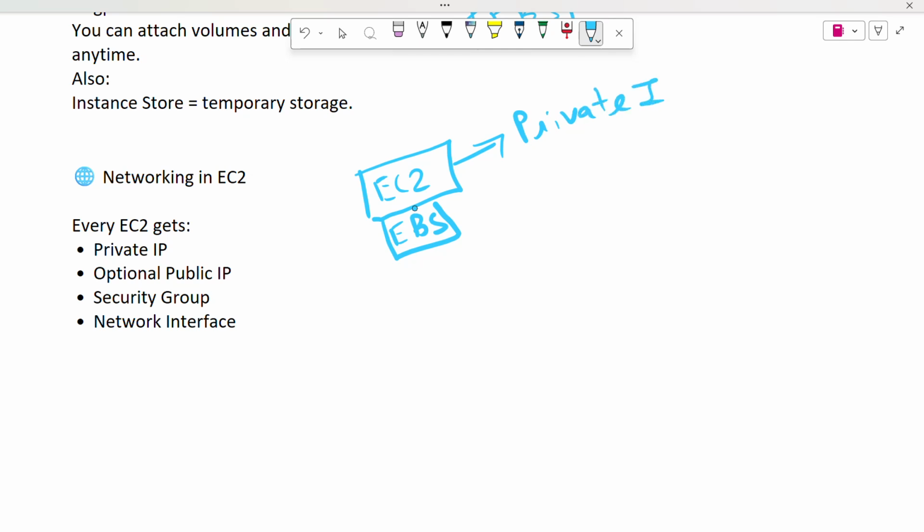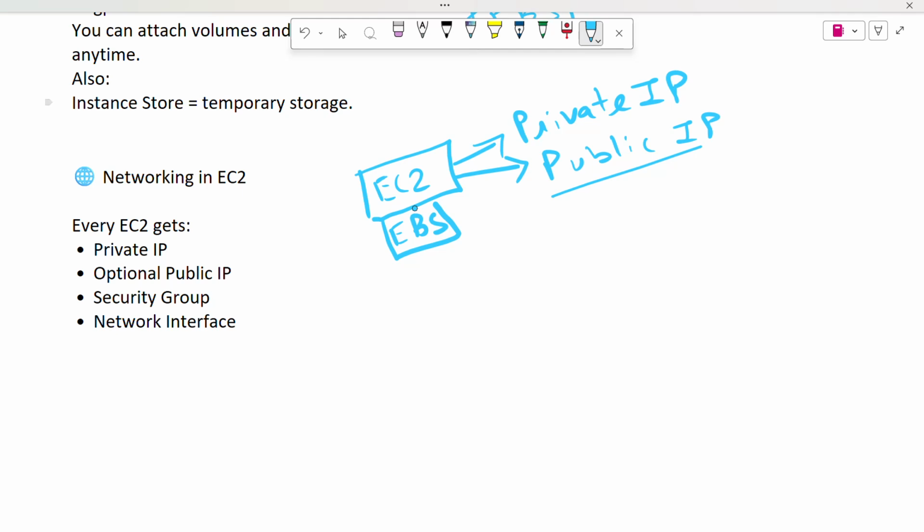This private IP is for internal communication for servers within the VPC, right? If you want a public IP, you can also have one, but this will be used to communicate with the outside world. This is optional. If you enable the HTTPS and HTTP protocols, then you can access the instance through the public IP as well. So this is a secondary part.